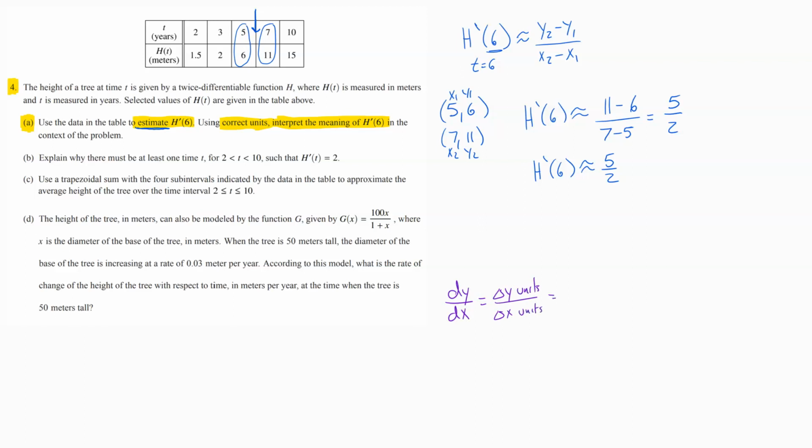So on this problem here, the x value would be the t, the y value would be the h. So what you're really looking at when you're talking about a derivative is dh dt. And so now that helps me see what my units should be. So the h units are meters, the t units are years. And so here this would then have the units of meters per year.